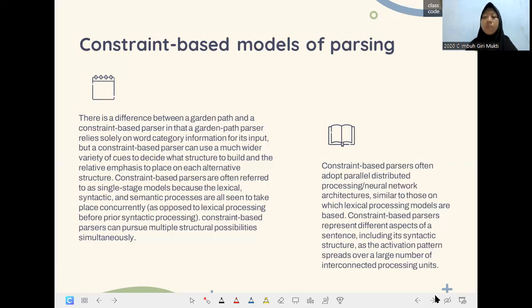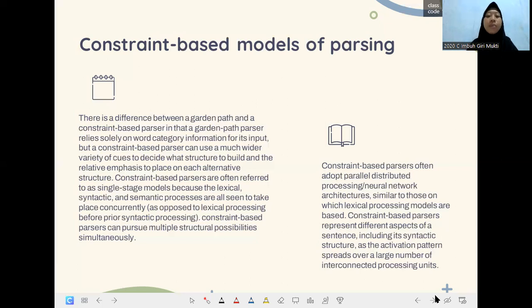And then constraint-based parsers often adopt parallel distributed processing or neural network architectures, similar to those on which lexical processing models are based. They represent different aspects of a sentence, including its syntactic structure, as the activation pattern spreads over a large number of interconnected processing units.